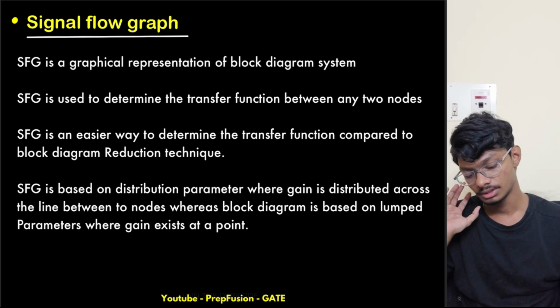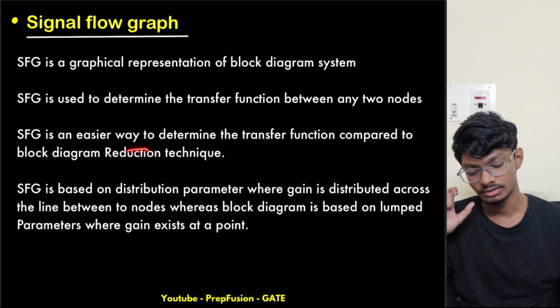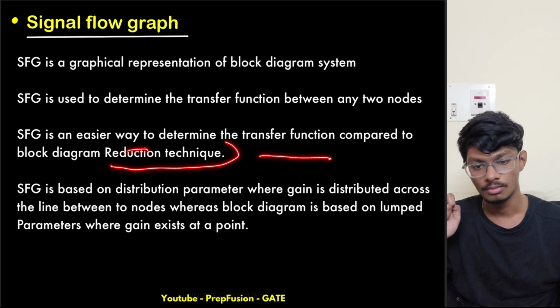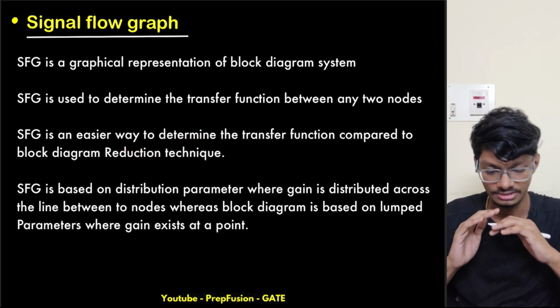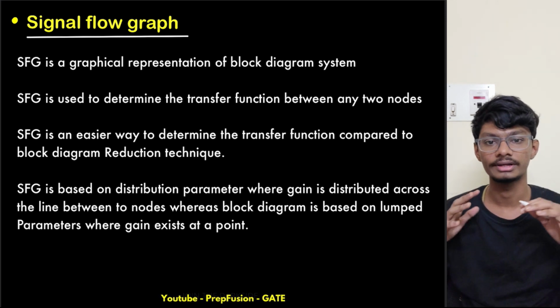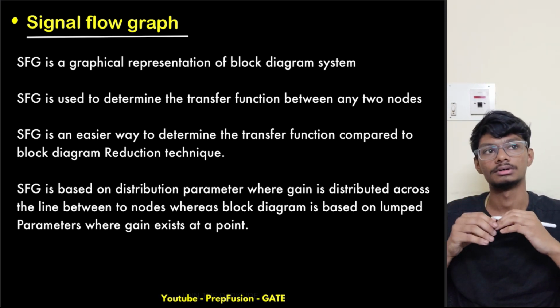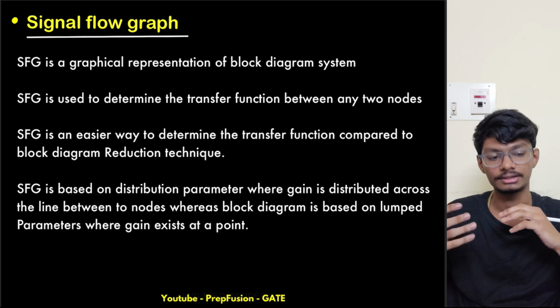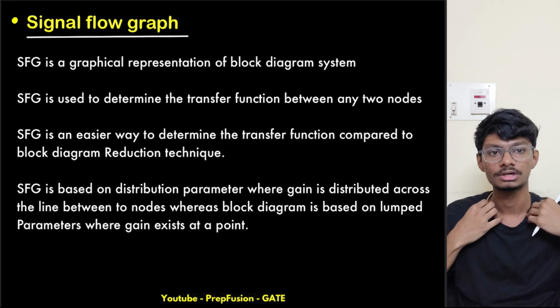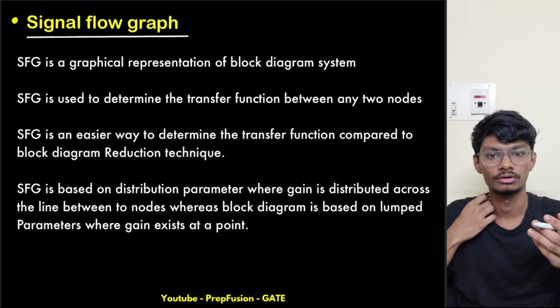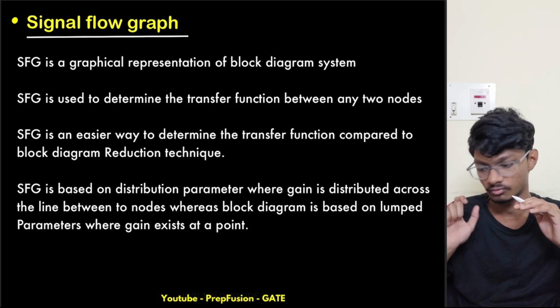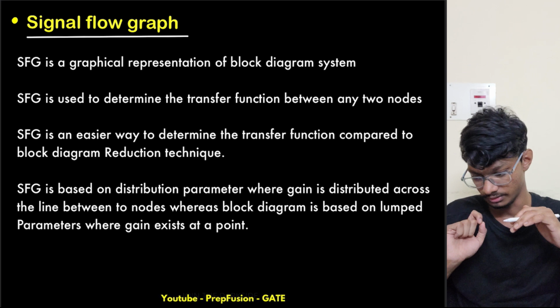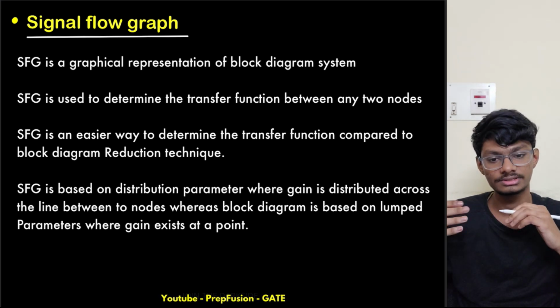Now, SFG is an easier way to determine the transfer function compared to the block reduction technique. It is easier because there is just a certain set of rules and formulas that you have to use. Whenever a block diagram has a very high number of adders, I will use this, because SFG is easier with adders.